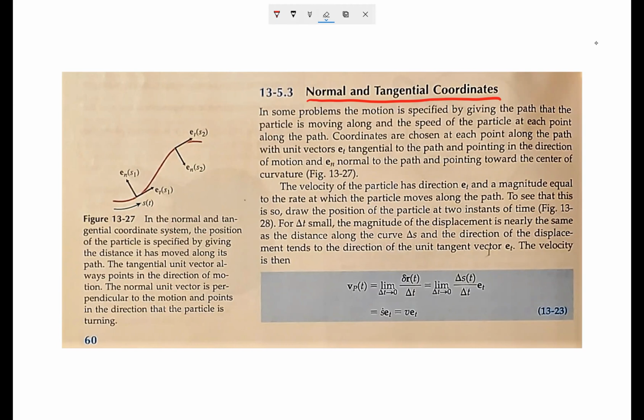So this red line is the path. At the two locations that they are highlighting, there is a normal and a tangential component.